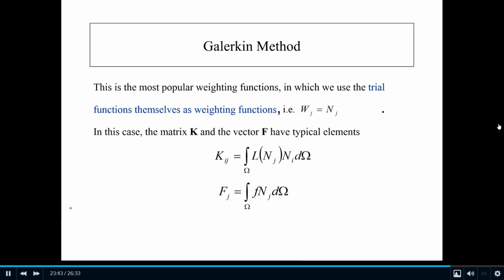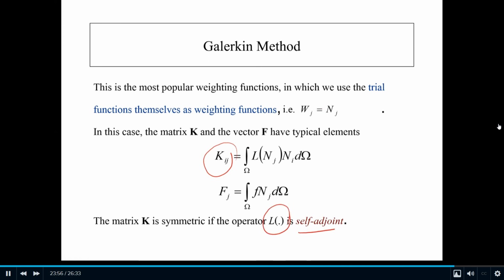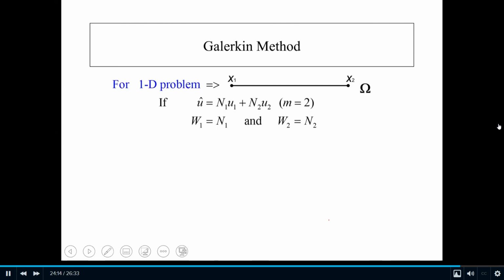In general, it doesn't look like K is going to be symmetric, but for certain types of problems, K would be symmetric if your operator L is self-adjoint. For a 1D problem like this, we select two terms, and the weight function is of course selected from the trial function.